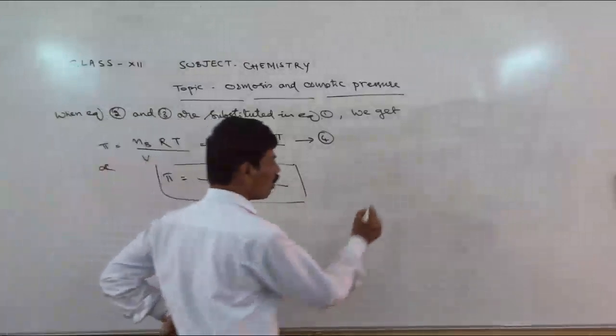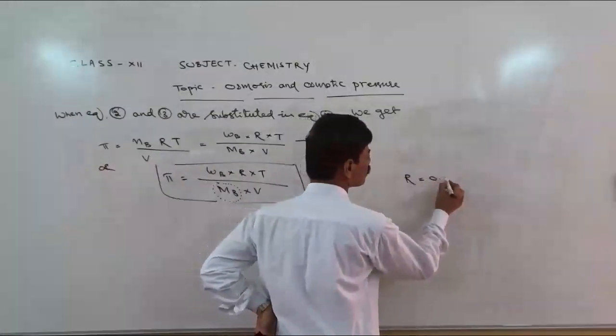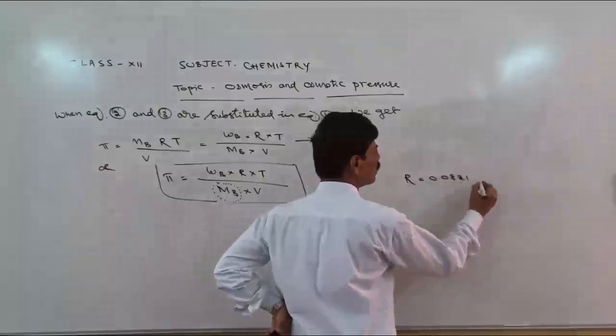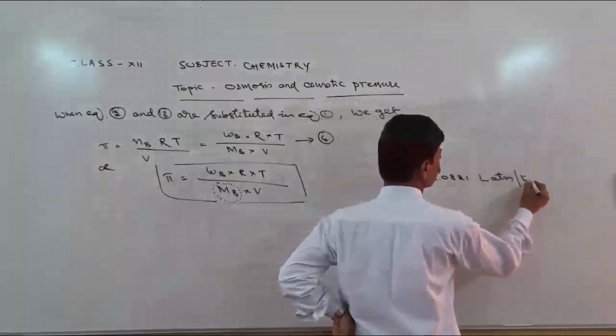And here R value can be 0.0821 liter atmosphere per Kelvin mole.